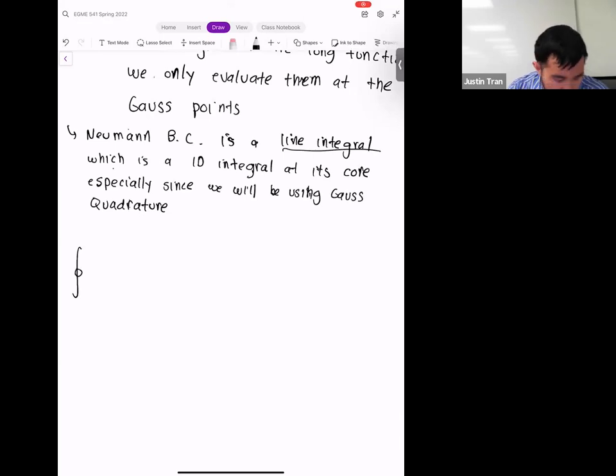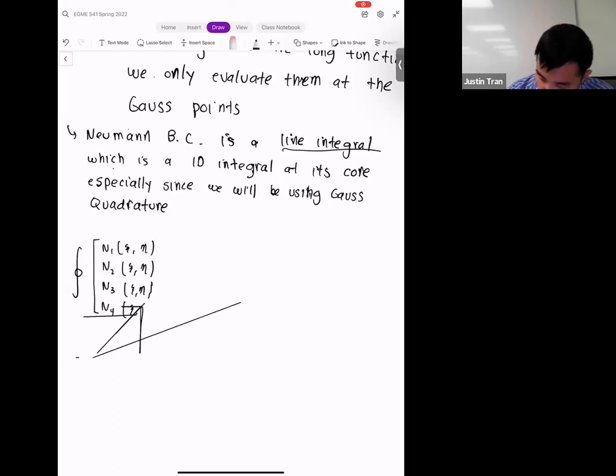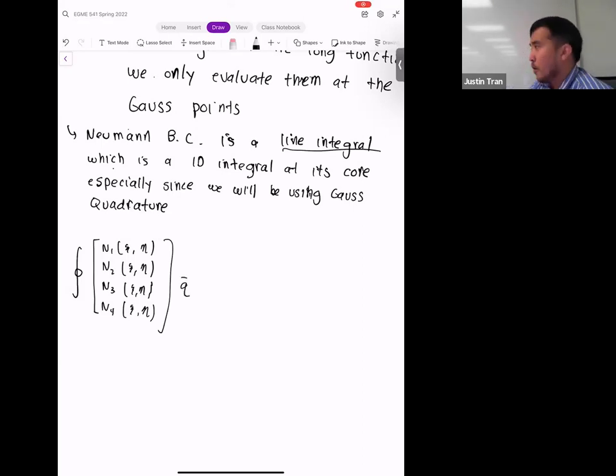So we have the integral of N1, N2, N3, N4, and we have our Neumann value, which for our purposes in this class we'll assume is constant.